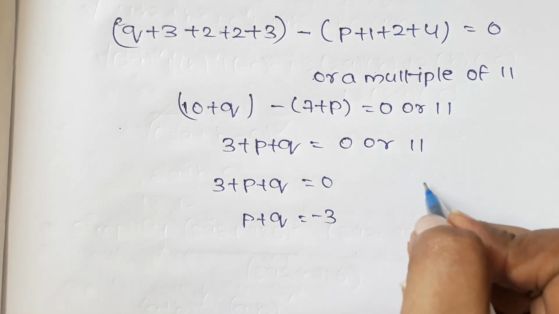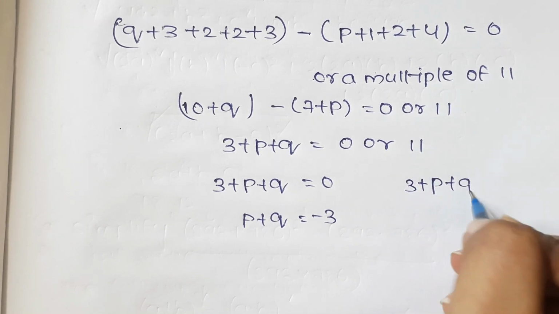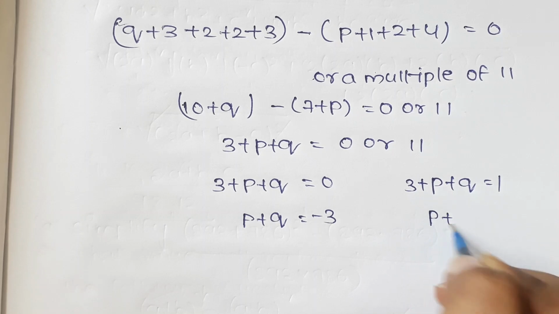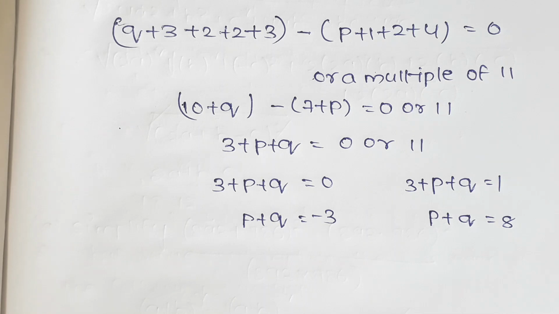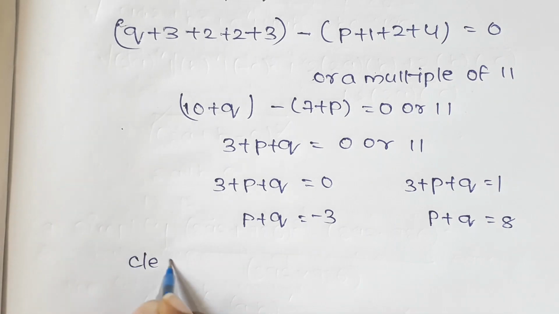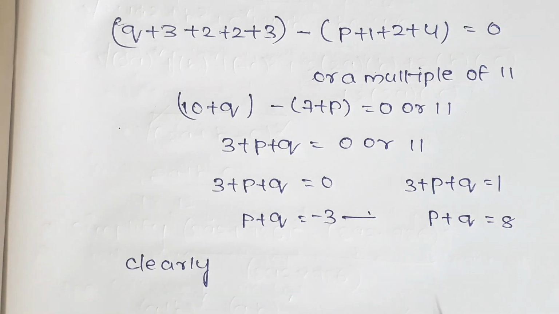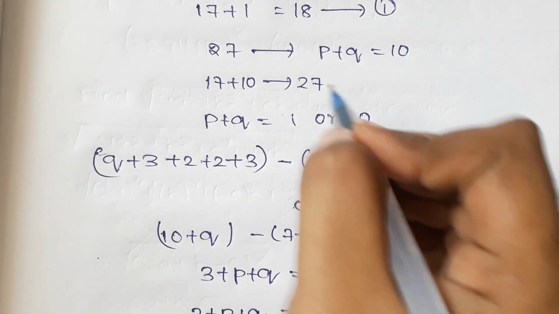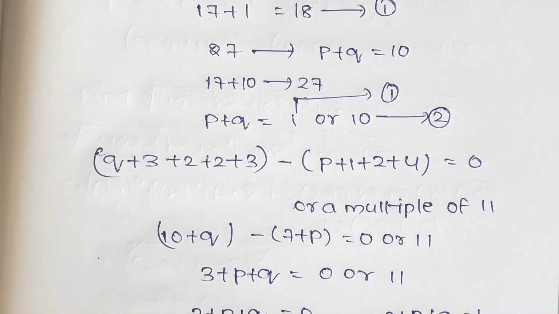And if it is 11, then we will get P plus Q equals 8. Clearly, this is represented as 3, this is 4, and here this is 1 and this is 2.